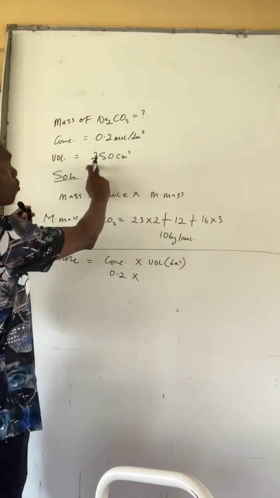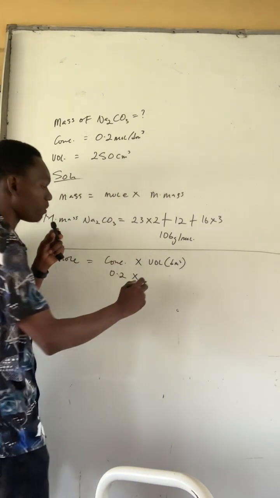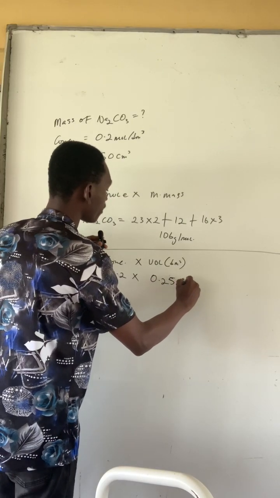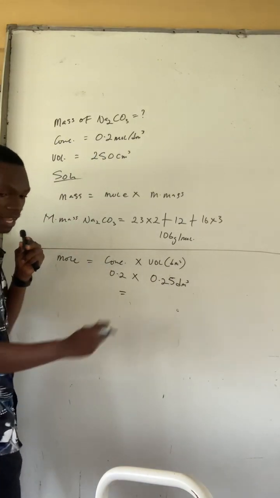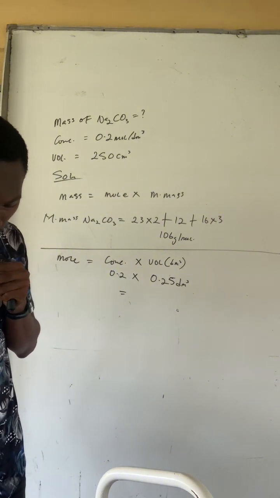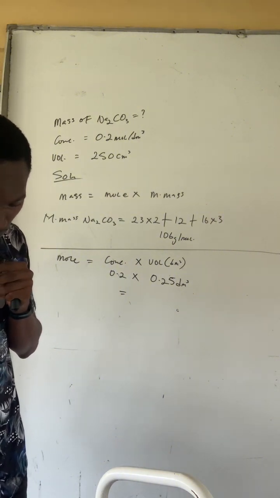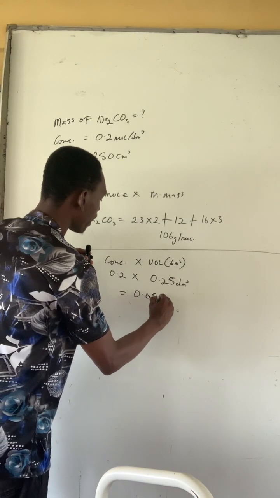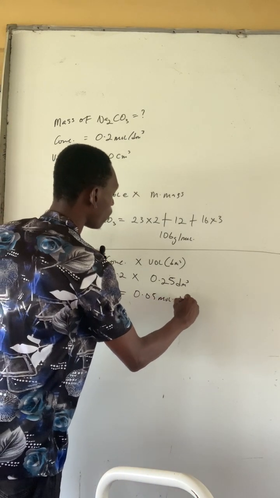So we have to convert 250 cm cube to dm cube, and that gives us 0.25 dm cube. So when we multiply 0.2 by 0.25, we get 0.05 mole of that.